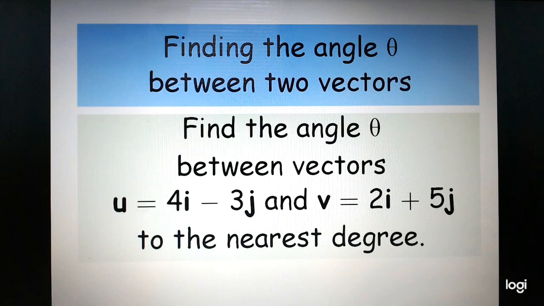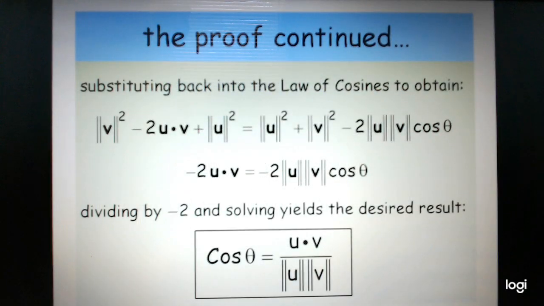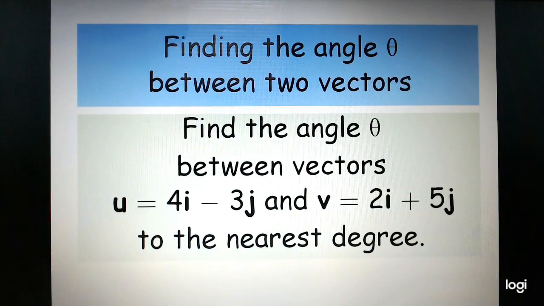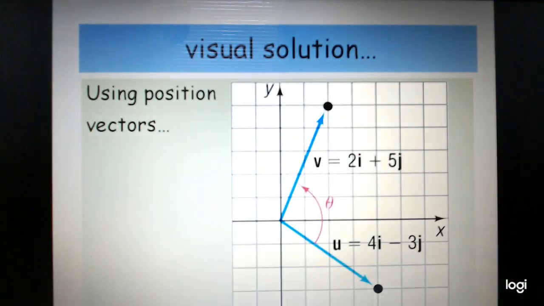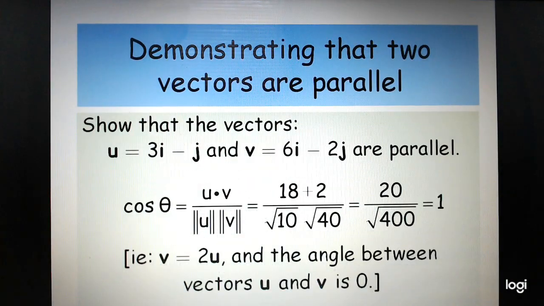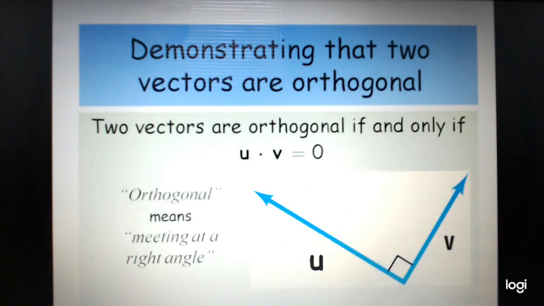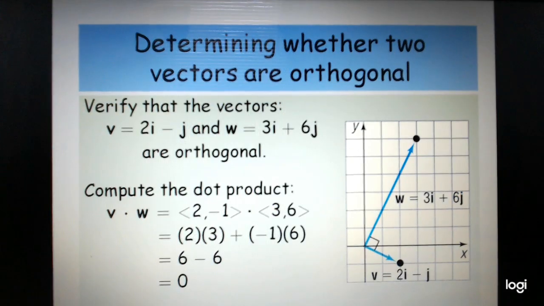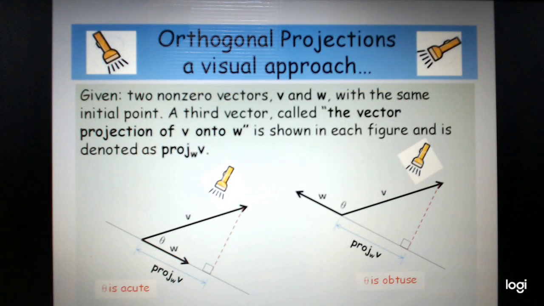Okay, all this we covered last time on how we use the law of cosines for that. We did a couple of examples, and we talked about parallel and orthogonal vectors. And we started with this idea of orthogonal projection. This is important.